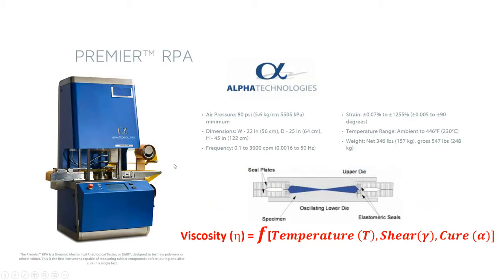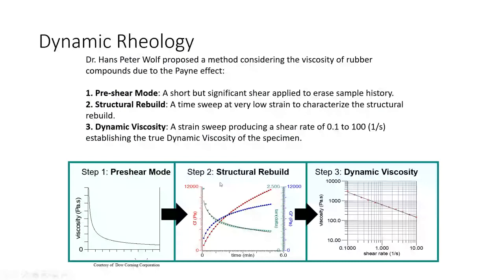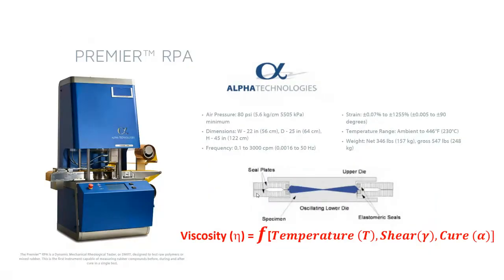All of these concepts, all of these steps are programmed in a Premier, a programmable RPA rheometer. Keep in mind that all of our programs have to be relatable to temperature, shear, and cure, because that's the function of viscosity.